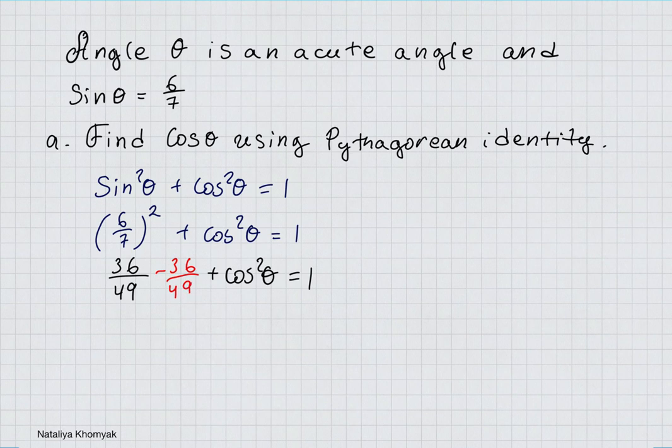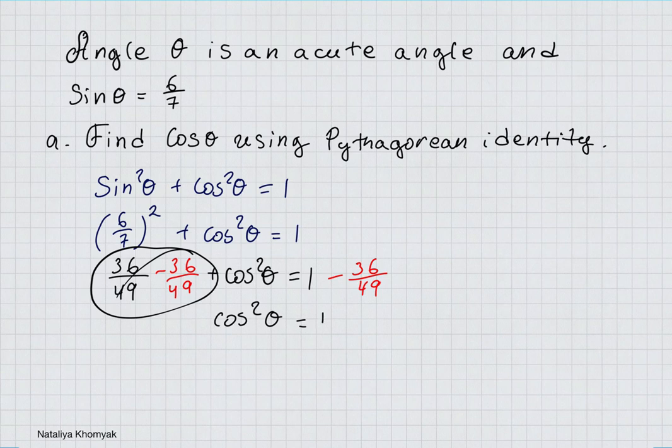And since it's a fraction, I like to subtract fractions in a line. This way it doesn't get confusing. So we get this adds up to 0. Cosine squared theta is equal to 1 minus 36 out of 49.